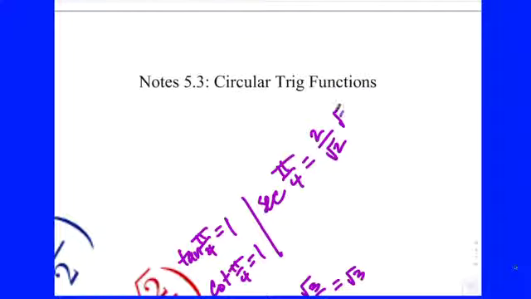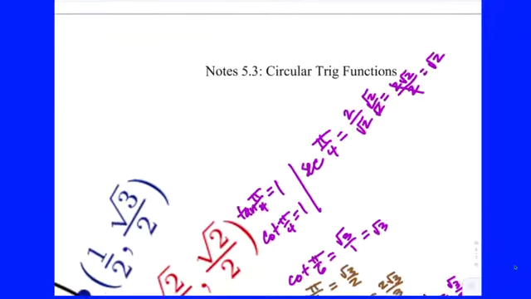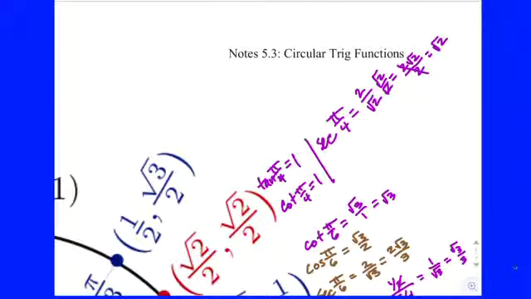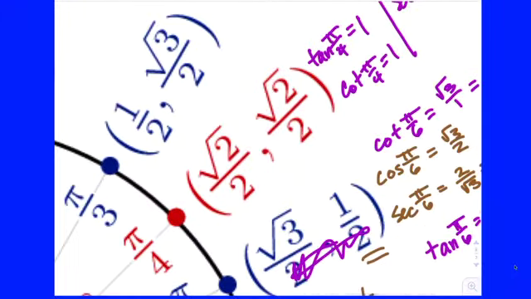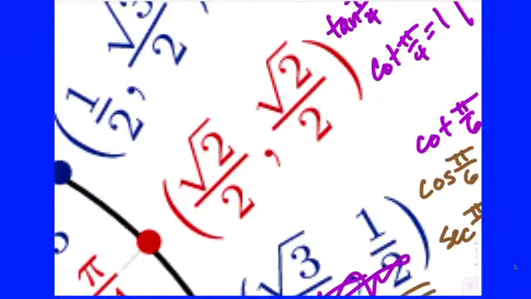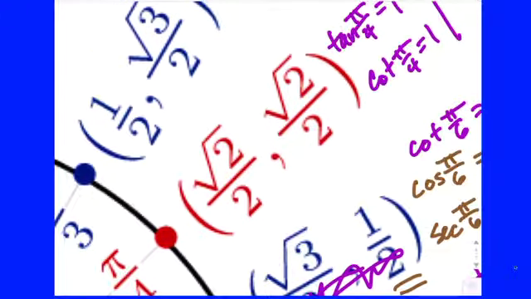Which when you rationalize by multiplying by the square root of 2 over the square root of 2, you get 2 square root of 2 over 2. The 2's divide out and you're left with square root of 2. Guess what the reciprocal of the square root of 2 over 2 is? Square root of 2. Because remember, before we rationalized it, the square root of 2 over 2 was 1 over the square root of 2.